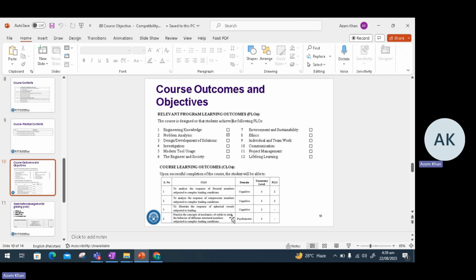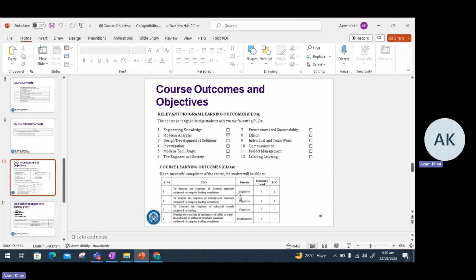And we will see that the course is mainly concerned with the analysis of stresses, strains, then after that, analysis of stresses in different structures such as columns, spherical shells, and so on and so forth. So everything revolves around the analysis of stresses.